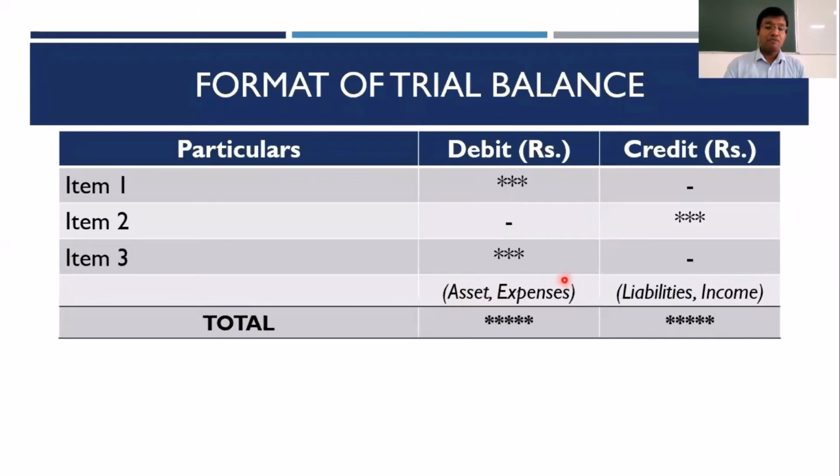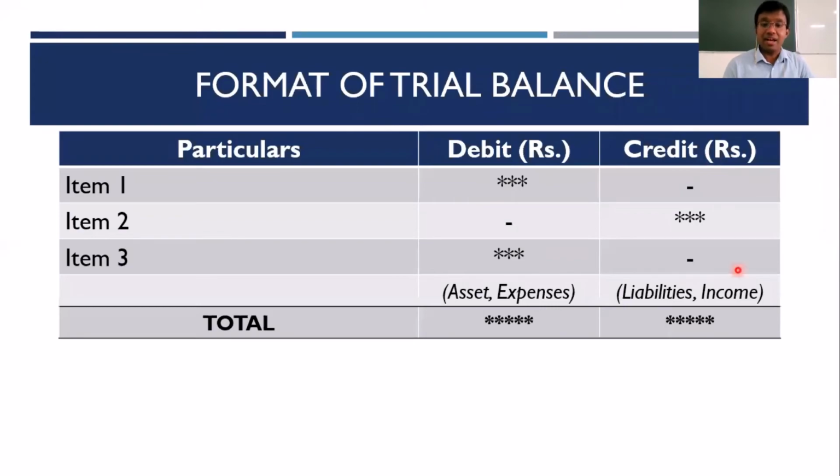For example, if you're preparing a ledger account for an asset, let's say land, land's balance would be reflected on the debit side. If you're dealing with some expense, for example wages, the wages ledger account balance would be reflected on the debit side. So assets and expenses get reflected on the debit side.